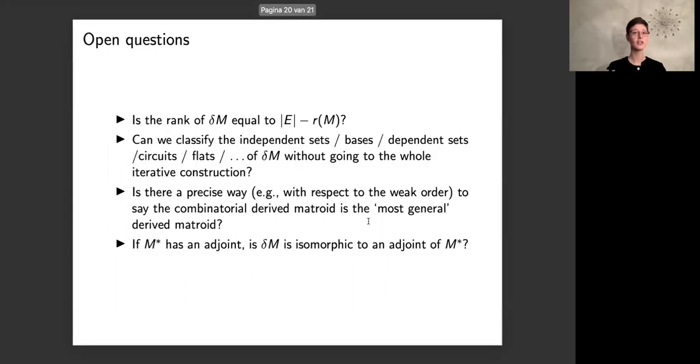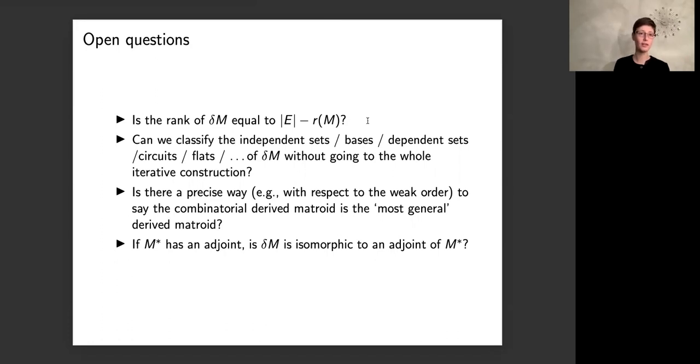So that's also one of the open questions that I didn't put here, but of course it is one. A main open question is, can we actually say something about this rank? Something related to that question is, can we classify the independent sets or the bases or the dependent sets or the circuits or the flats of this combinatorial derived Matroid without doing this whole iterative construction?